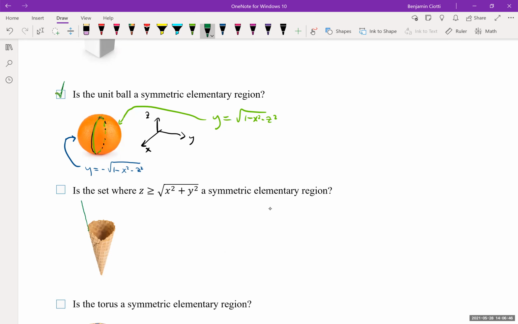I'll give you a hint for volume and surface integrals in spherical coordinates.